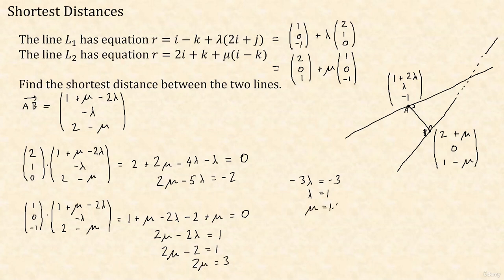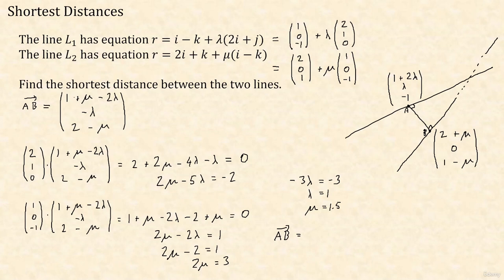So now that I know those, I can just sub these into AB, and then I'll have the vector AB, and I can then find its modulus to find the shortest distance between the two lines. So what I learn is that AB is in fact 1 plus mu, so 1 plus 1.5 is 2.5, minus 2 lambda, so that's lambda is 1, so it's minus 2.